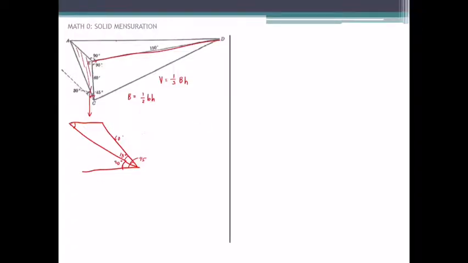So therefore, if this is 30, this is also angle 30 degrees. What is the sum of all the angles in a triangle? That is 180. Therefore, if this is 30 and this is 15, so 45, 180 minus 45. This angle is now 135 degrees.